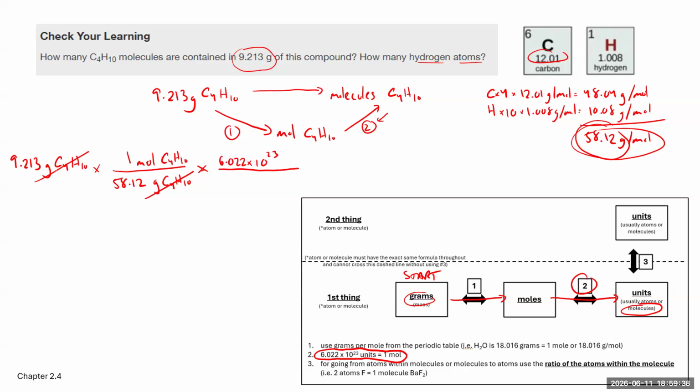In this case, this is a molecule, because it's more than one atom, of C4H10 over 1 mole of C4H10. Now you can see these cancel out. And we're left with molecules of C4H10.